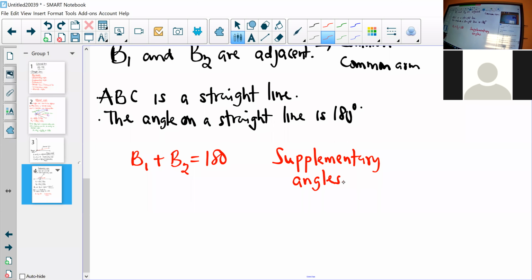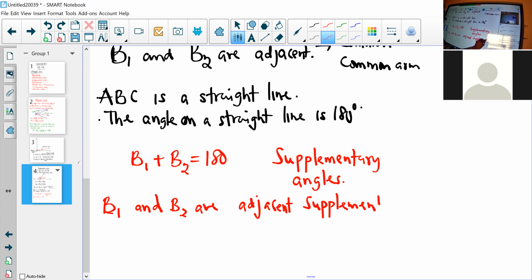And because they are adjacent, B1 and B2 are adjacent supplementary angles. In the next lesson, I will show you that we could have angles that are supplementary and not adjacent.